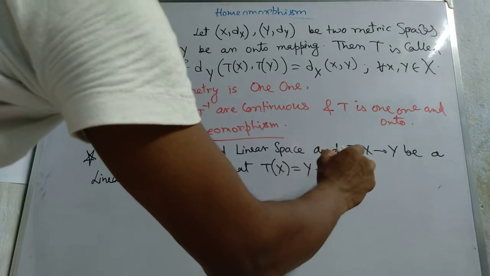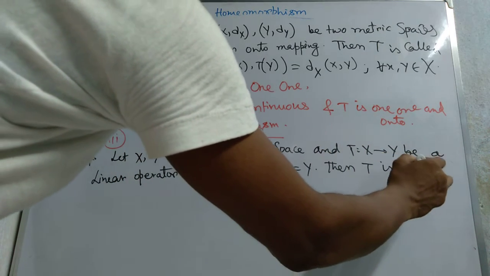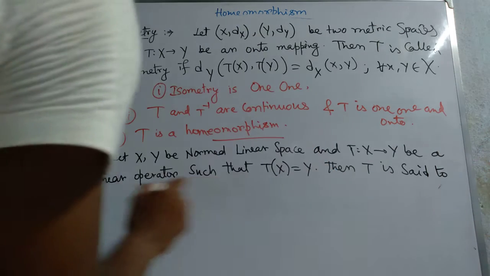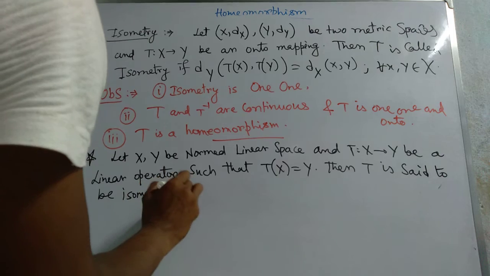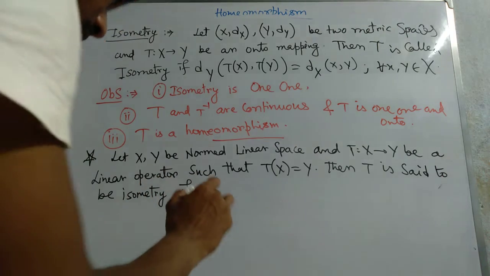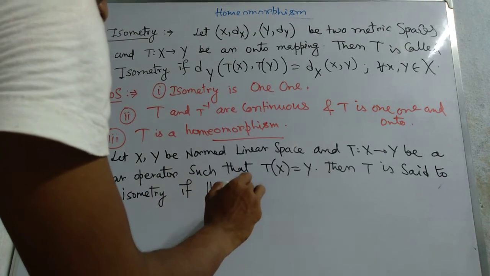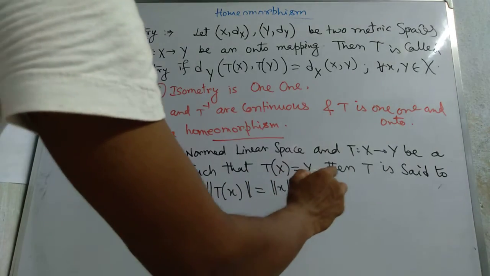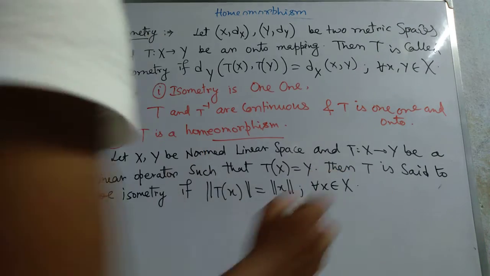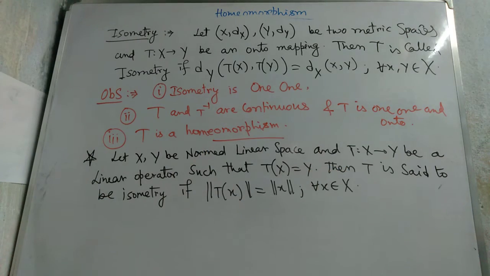Then T is said to be an isometry if ‖Tx‖ equal to ‖x‖ for all x belongs to X. Now observation for isometry: ‖T‖ equal to 1.